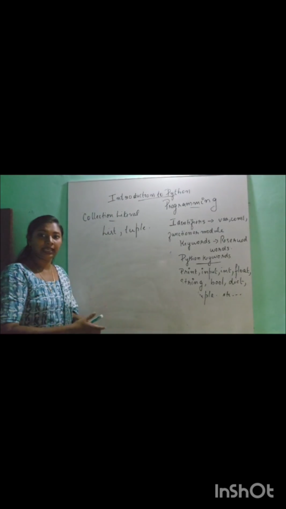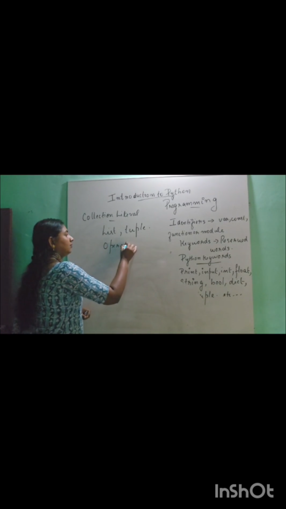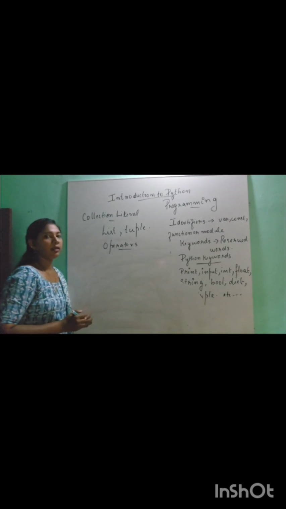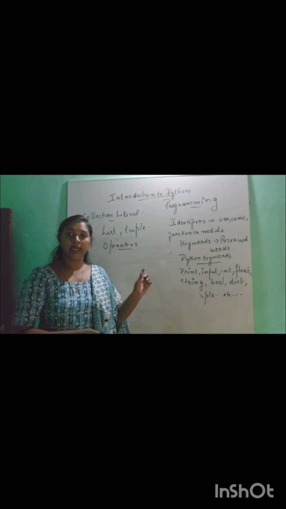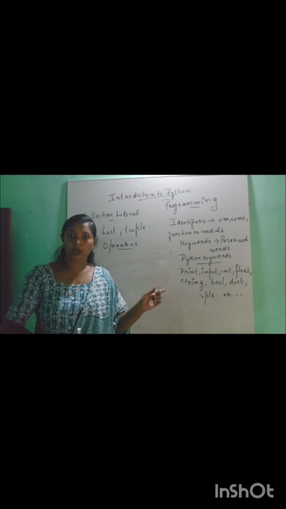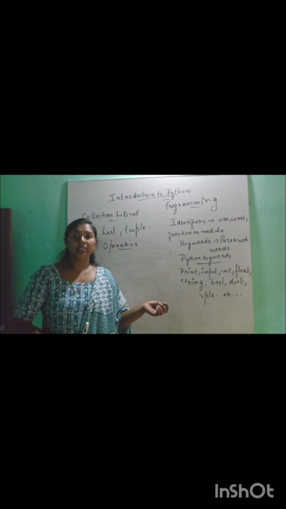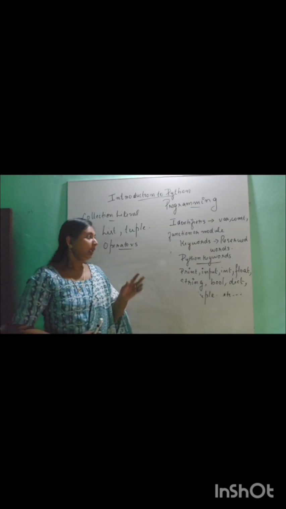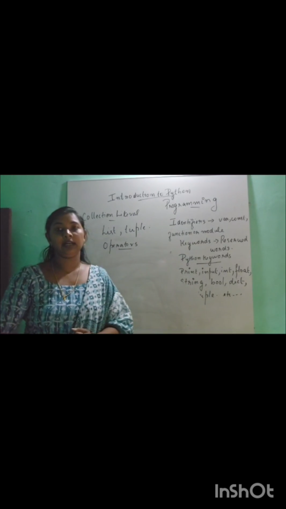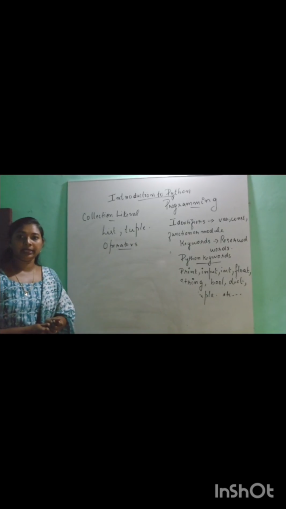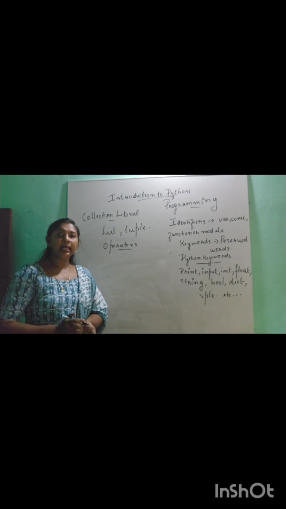Next, moving on to the next token, that is operators. There are so many types of operators, for example arithmetic operators, relational operators, membership operators, identity operators, etc. Here we will only deal with arithmetic operators. Operators which allow us to do arithmetic operations are called arithmetic operators.